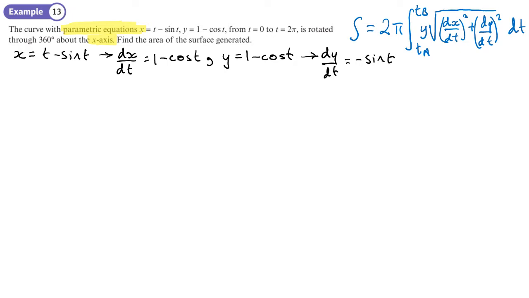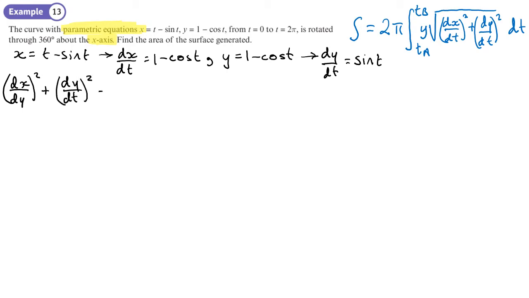Sorry, not negative sine t, just sine t, because it reverses sign, doesn't it? Right, so we want to know what we get when we square our derivatives and add them together. So let's write down what that's going to be.